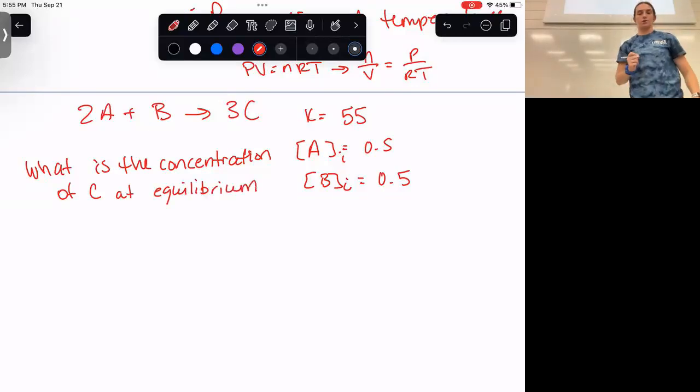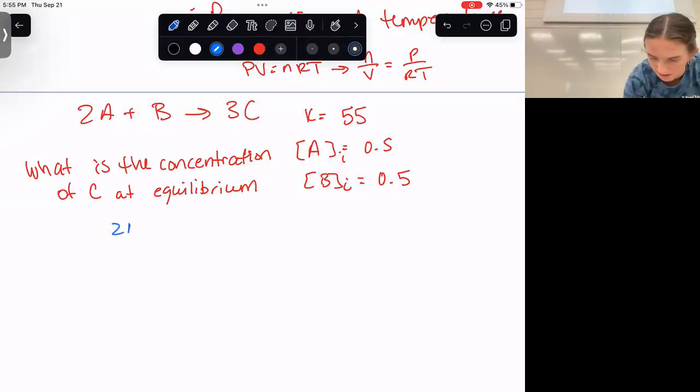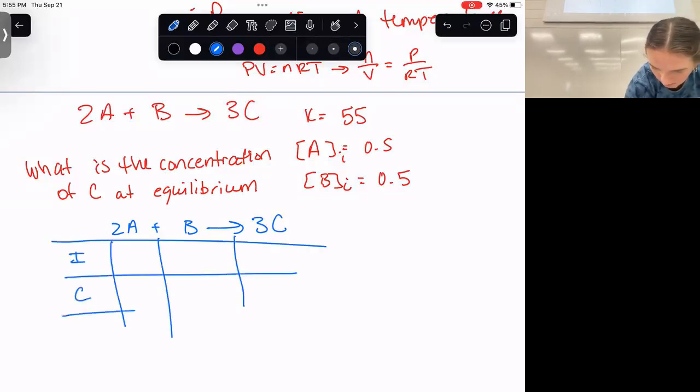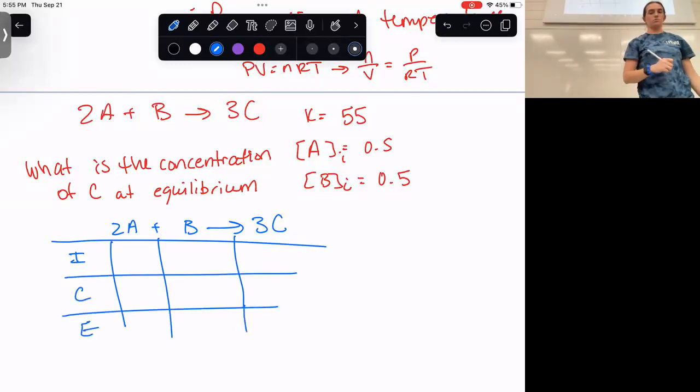Okay. So if we solve this like we just did the last one, we're going to rewrite our ICE table. So we have 2A plus B goes to 3C. What do we initially know?